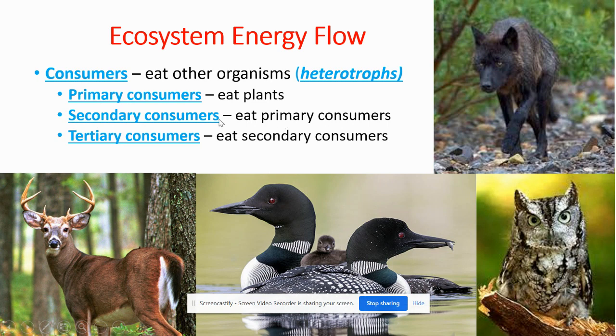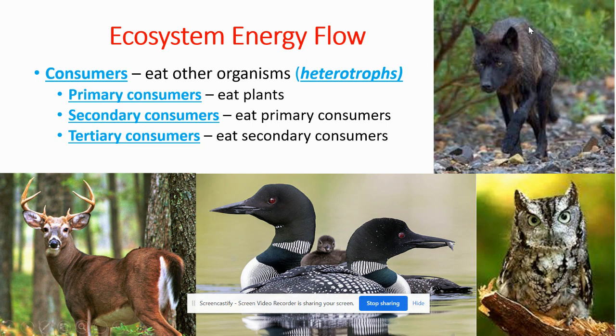Something to note here is that the loons don't have to just be a secondary consumer. Maybe they end up being a tertiary consumer, which is the ones that eat the secondary consumers. So there's some flexibility there with animals and in what you could call them. It all depends on where they fall in the food chain.